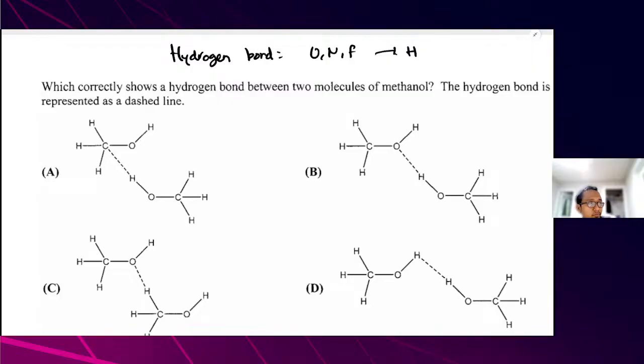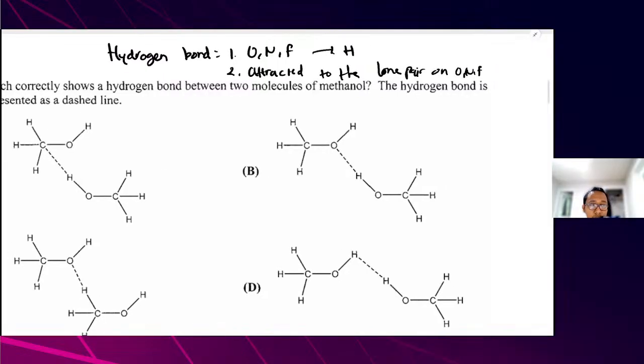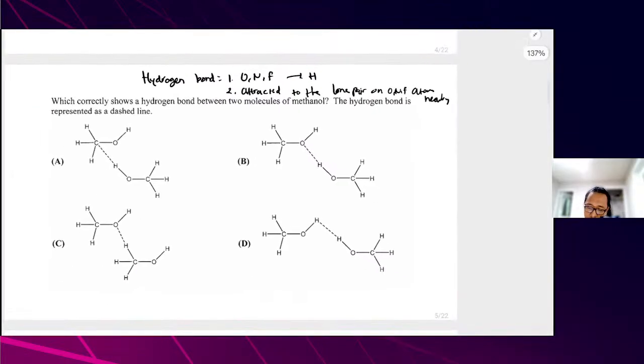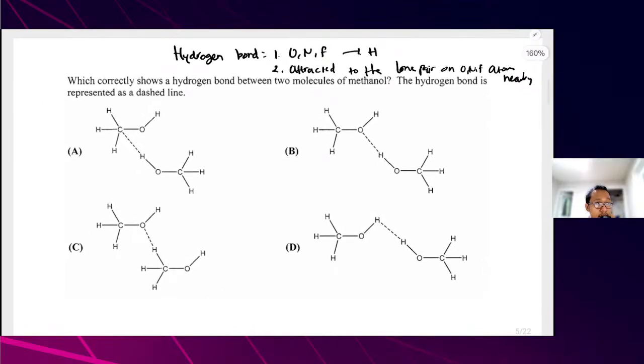All right, now let's move on to the second criterion. The hydrogen is attracted to the lone pair on O, N, or F on a nearby atom.